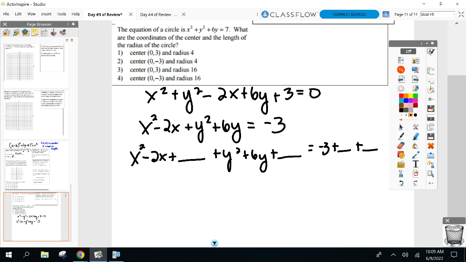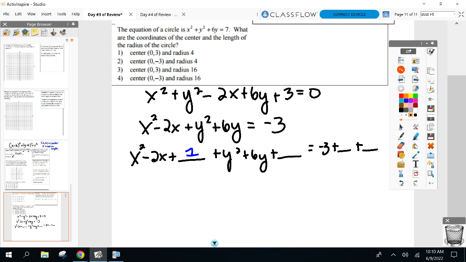And that number should always be positive when we do this. So take half a negative 2 and square it right now. All of us should be getting 1. Over here, again, now do the same thing for the y's because you got to do it twice. Once for the x and once for the y's.